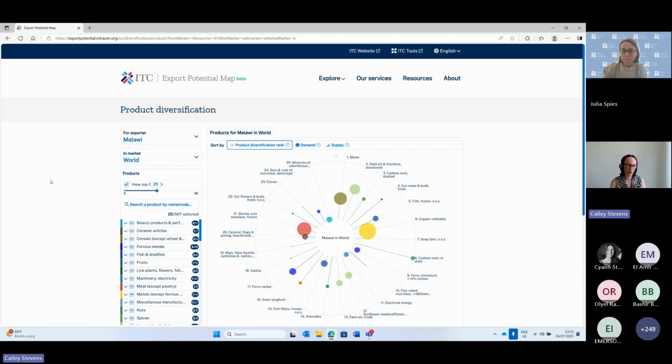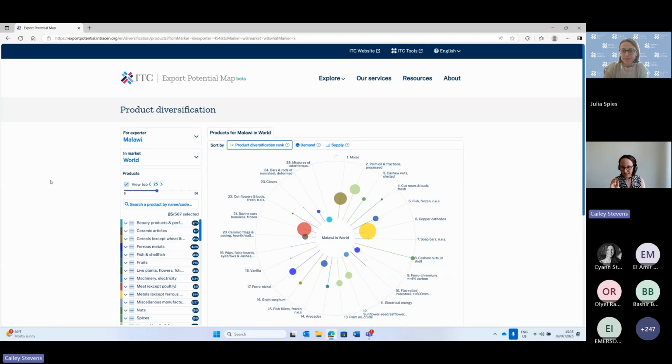But supply is calculated differently, because in export potential, supply is calculated looking at market share, so we have data on exports. But because in product diversification we're talking about new products, we have to estimate supply differently.